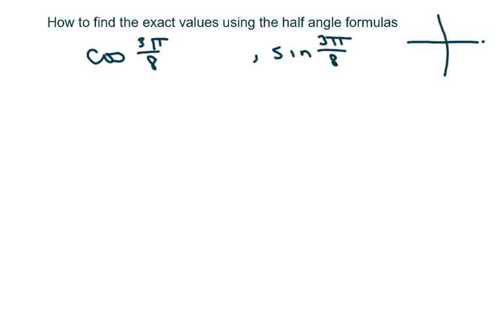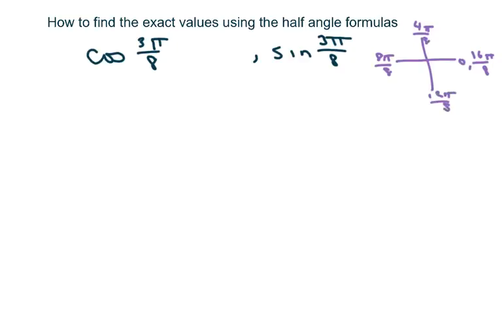If you go from 0 to 16 pi over 8, this would be 8 pi over 8, this would be 4 pi over 8, and this one would be 12 pi over 8. So we know 3 pi over 8 is in quadrant 1. It's in between 0 and 4 pi over 8.